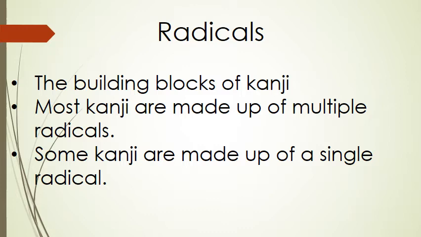It can be because they have a lot of the same radicals, or that the most prominent radicals in them are the same. There are, however, a few kanji that are a single radical in and of themselves. But one thing to understand, even the most complex, time-consuming to write kanji with a bunch of different strokes can be broken down into smaller radicals.